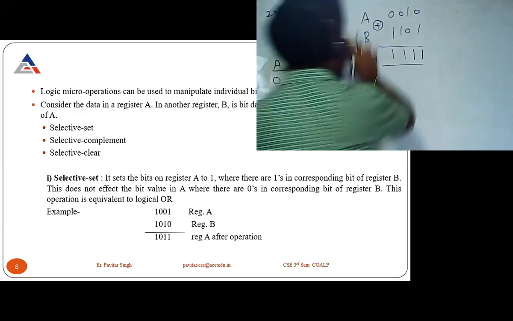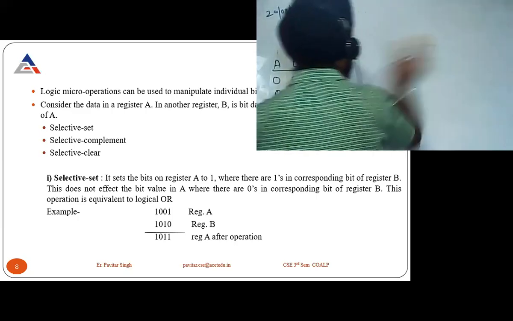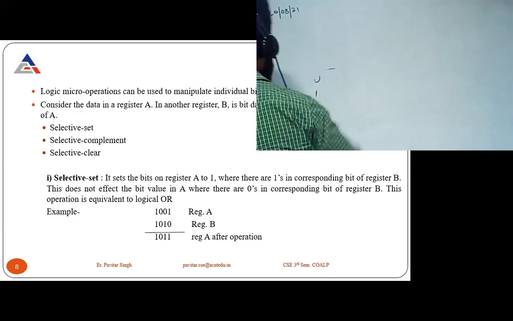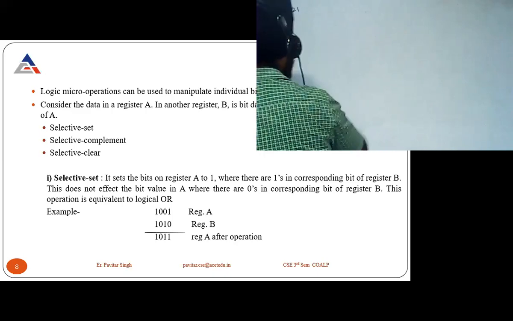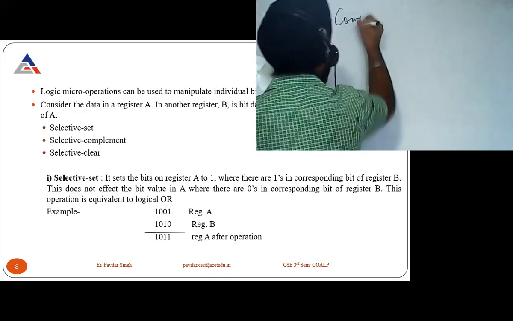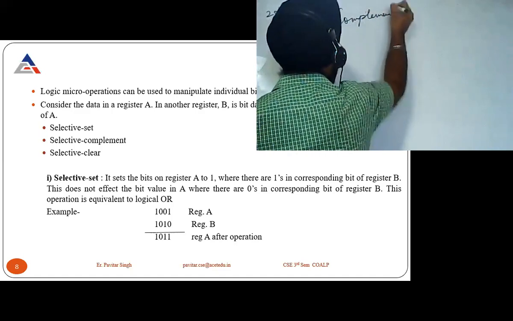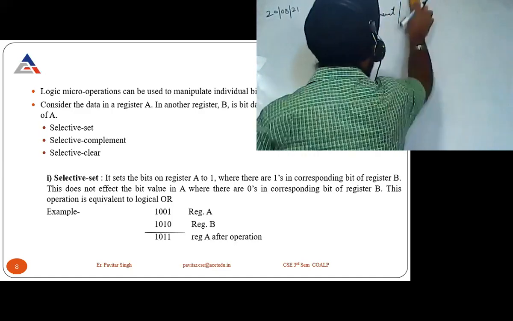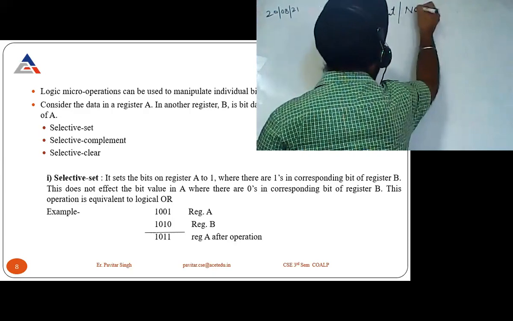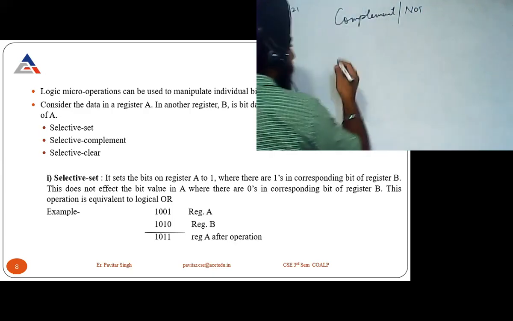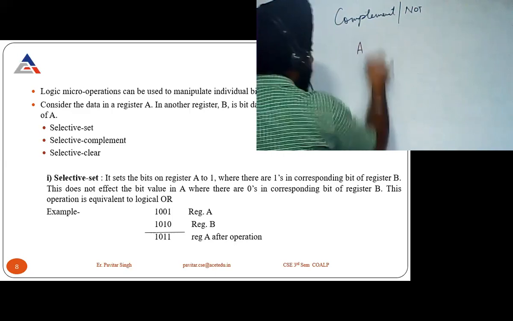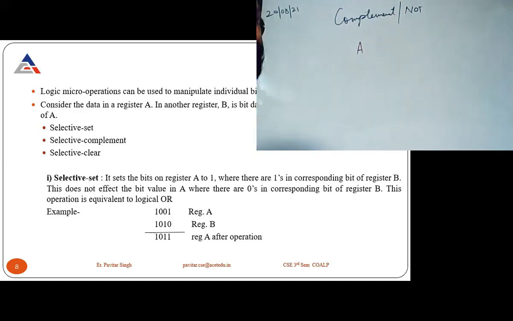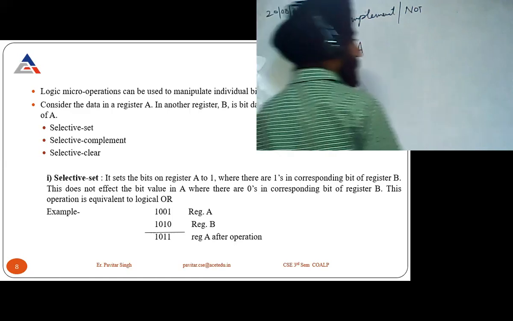And the last operation is clear or complement. Complement or NOT. Clear is something different. For the complement and NOT operation, you will have only one register.